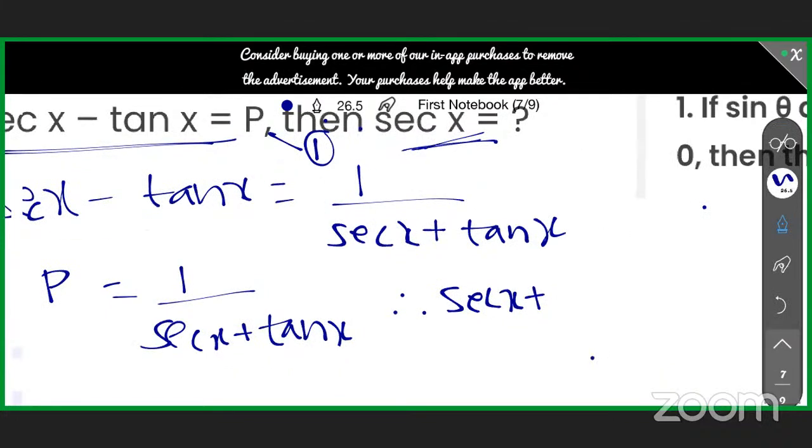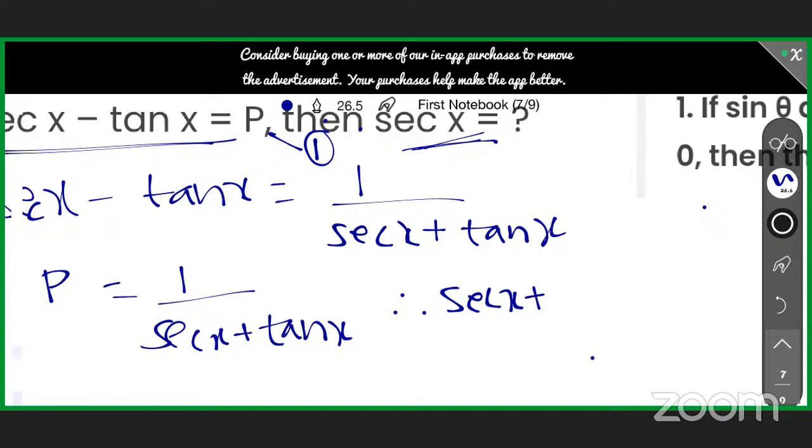Secant x is equal to p square plus 1 by p, sir. 1 by p minus tan x.